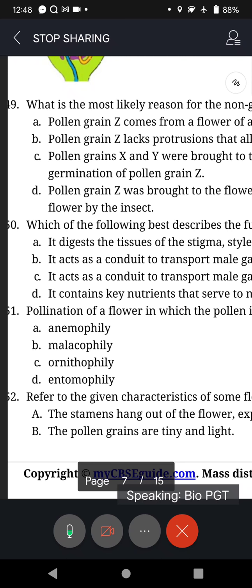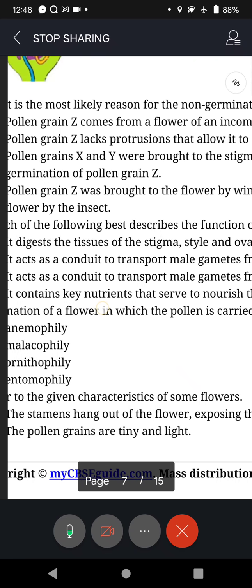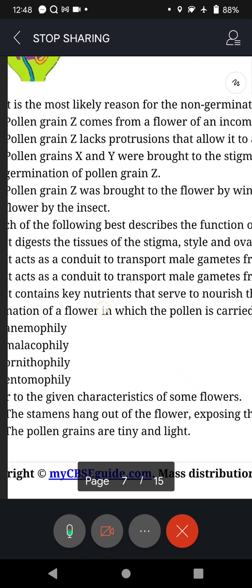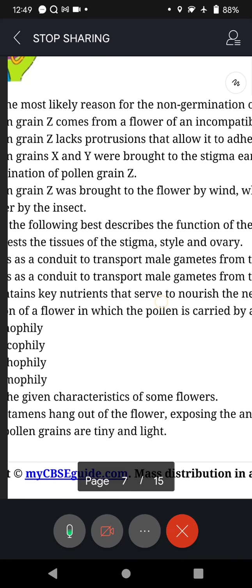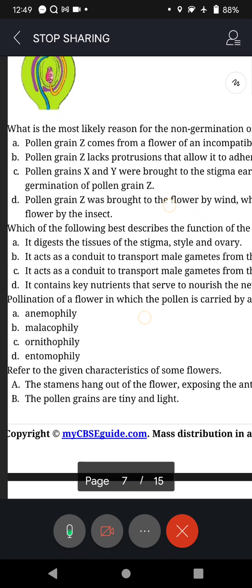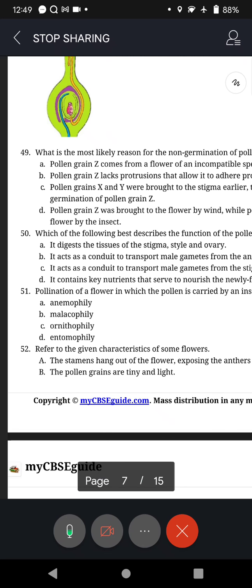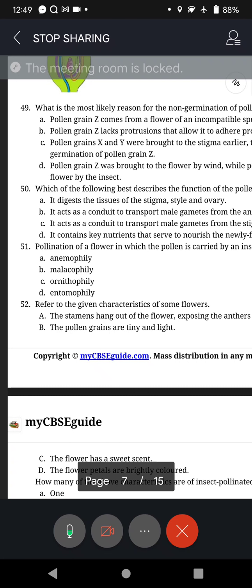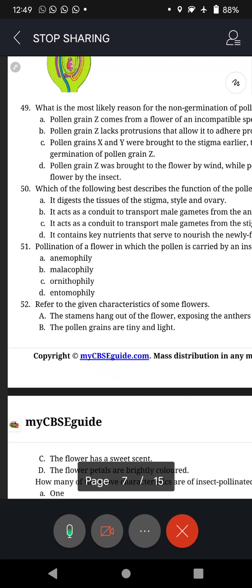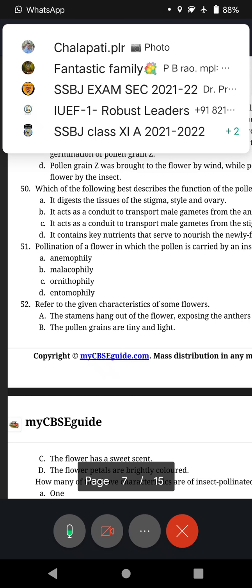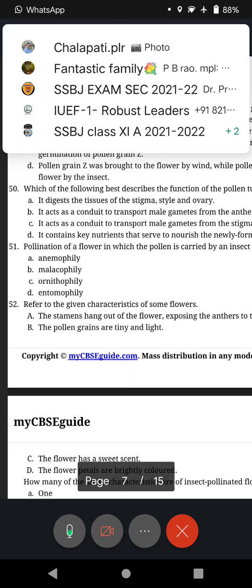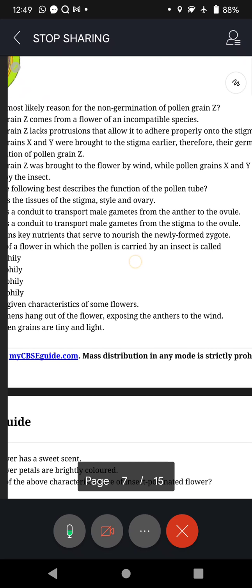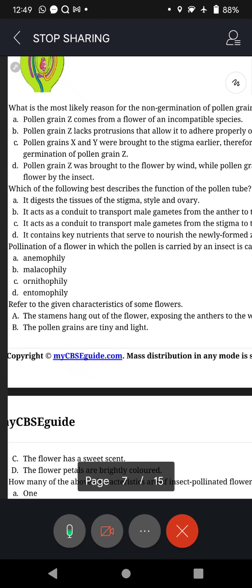Next, question 50. Which of the following best describes the function of pollen tube? Function of the pollen tube. Now, A. It digests tissue of the stigma, style and ovary. We are talking of pollen. B. It acts as a conduit to transport male gametes from anther to ovule. C. It acts as a conduit to transport male gametes from stigma to the ovule.